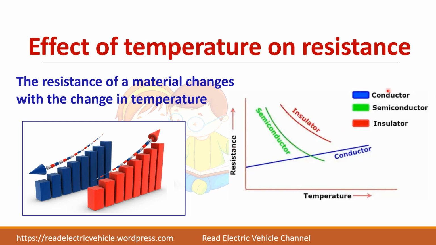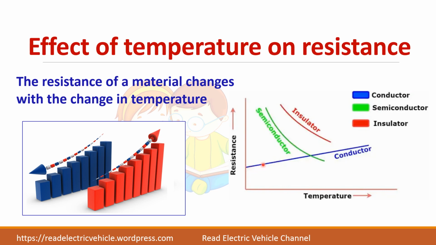If you take a conductor, the graph is between resistance and temperature. As the temperature increases, resistance will also increase. We know that when the resistance increases, current will decrease. This is what happens in a machine or motor. Initially, the resistance will be less, so current will be more.